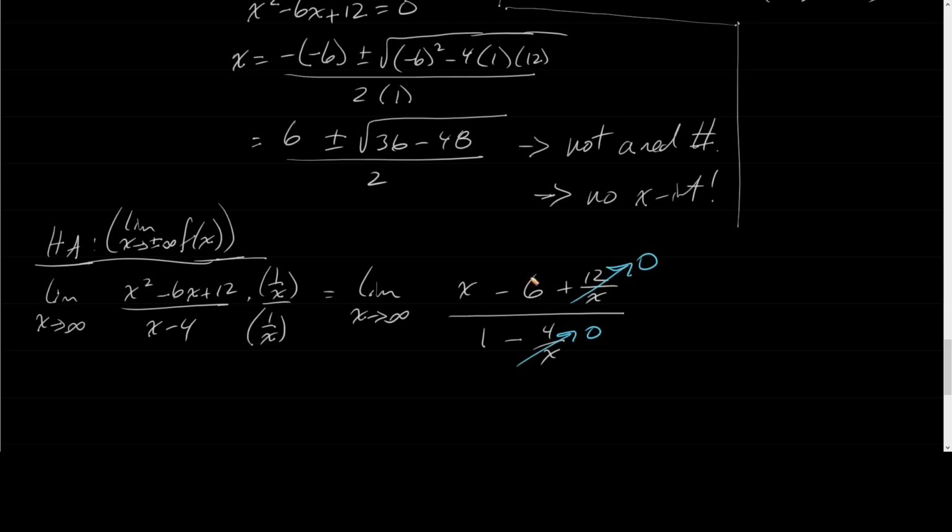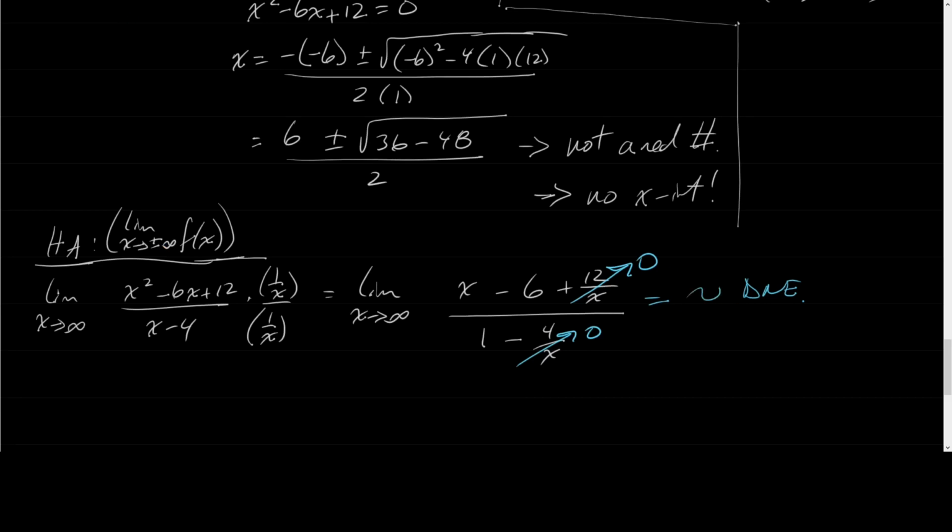However, this piece does not. If I let x go to infinity here, I still have that x minus 6 there. So this actually goes to infinity. So it does not exist. A very similar thing happens whether we were going to positive or negative infinity, right?